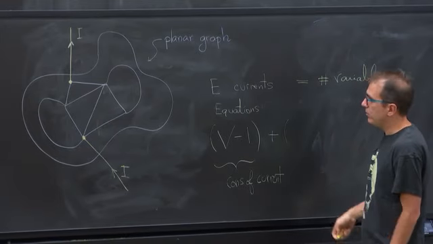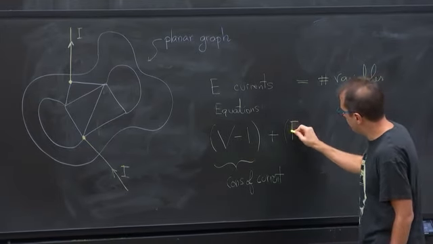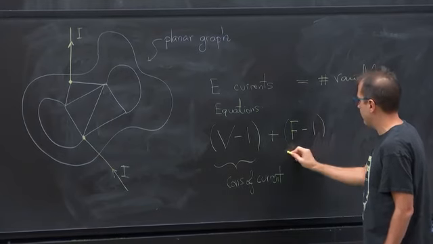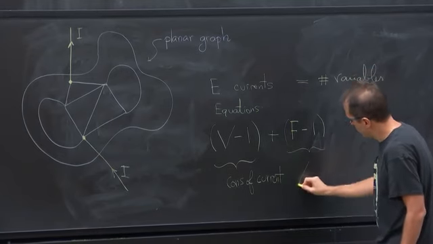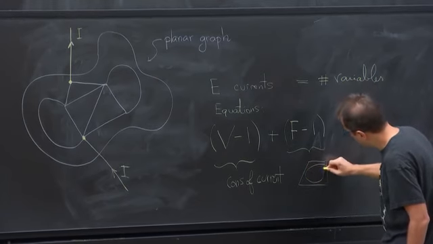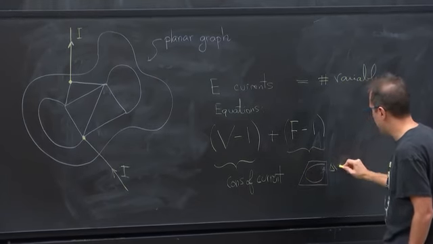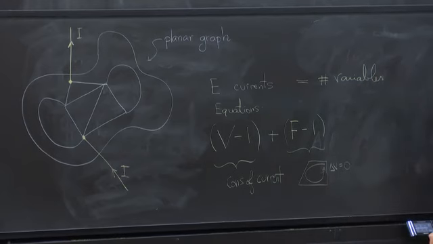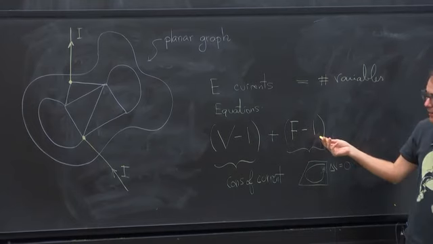So now we have the condition that at each face, if I start here, my total delta V must be equal to 0 if I go around. And again, there is minus 1.